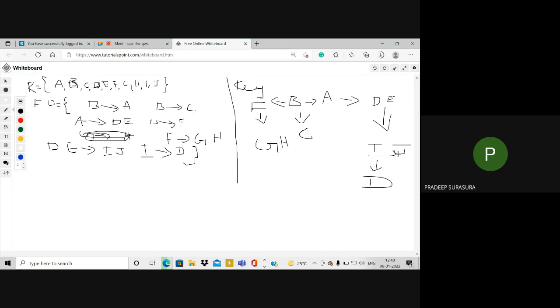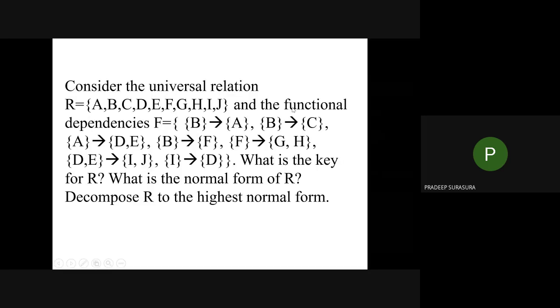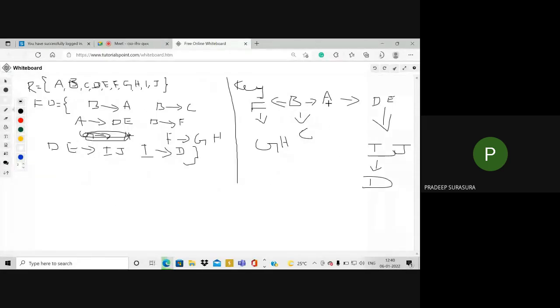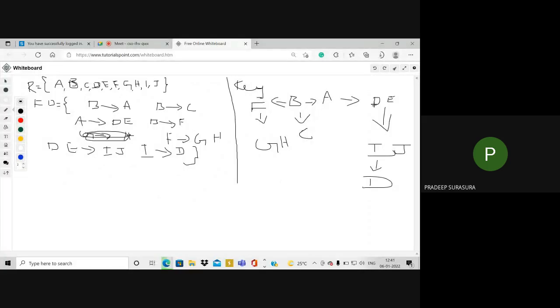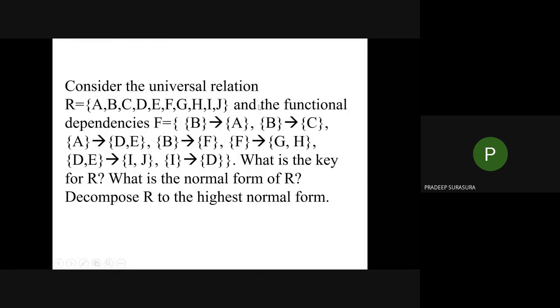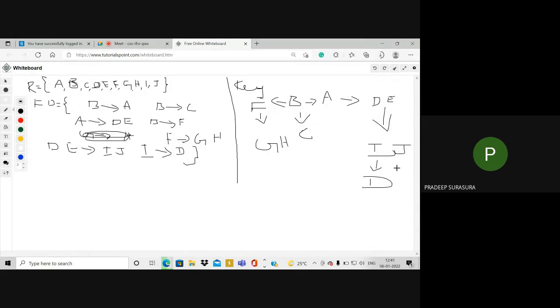Any questions? Hope all the FDs are covered. Please have a look once again. B determines A is one thing, then B determines C, then A determines DE, then B determines F, then I have F determines GH, then I have DE determines IJ, and then I determines D. Now when I observe, please see, when I know B, I can reach till here.